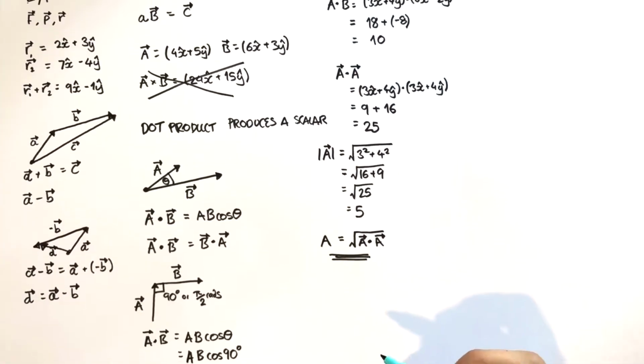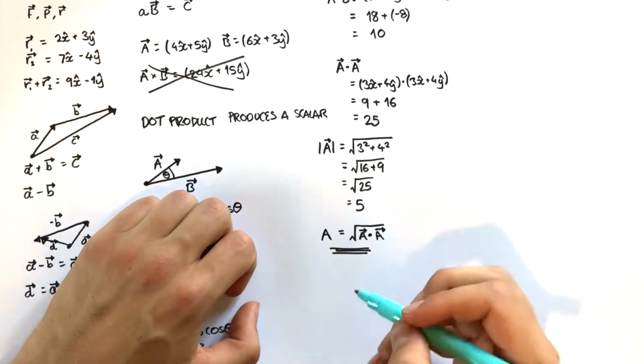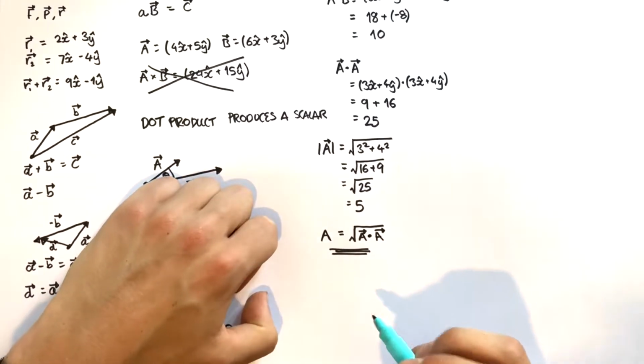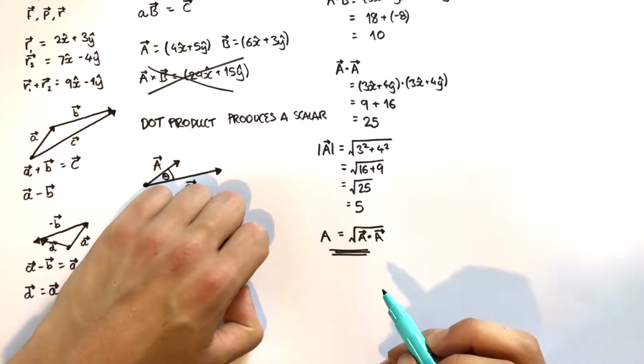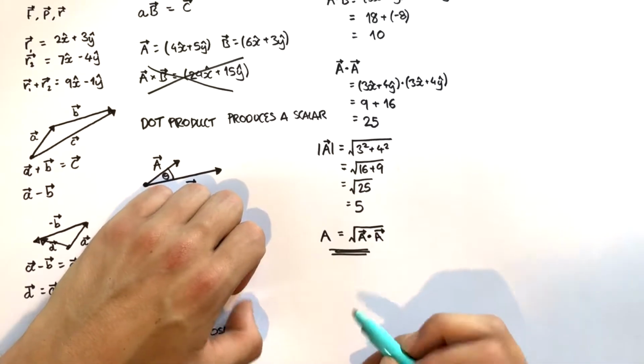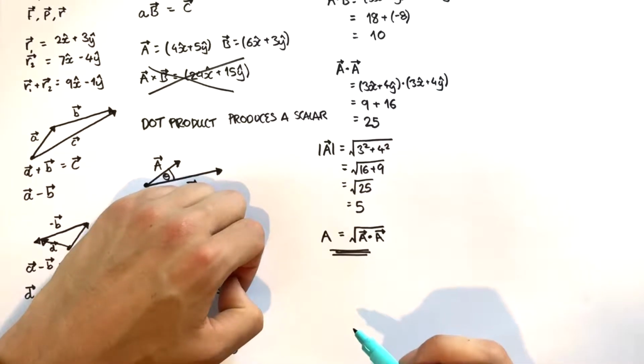Now what I want to do is have a look at unit vectors. Unit vectors have one job, and their one job is to point in a particular direction of the axis. And their key thing is that they always have a magnitude of 1.